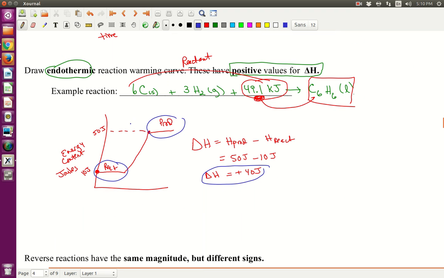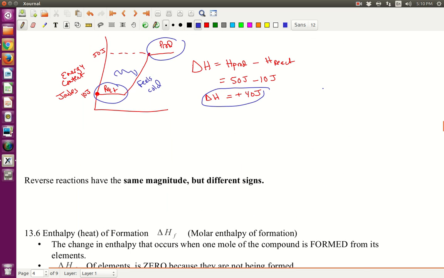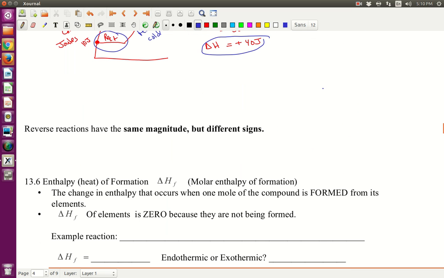Down here, the heat goes into it, so it feels cold, because all this energy that's put into it is sucked into the molecule. There's a bunch of energy inside that molecule. That's an endothermic reaction.